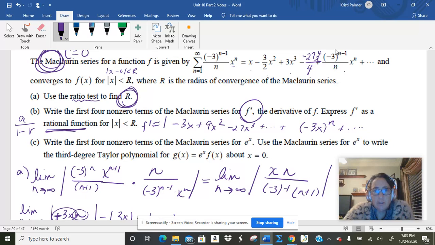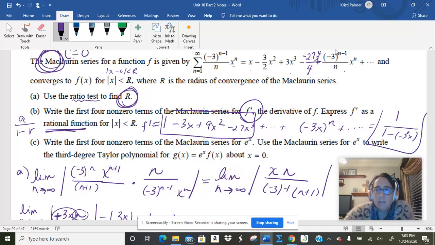When I look at this general term, I see, oh, yeah, I can see my a over 1 minus my r. And you can simplify that, but that's basically going to be, here's your first 4 terms, and then here is your rational function.